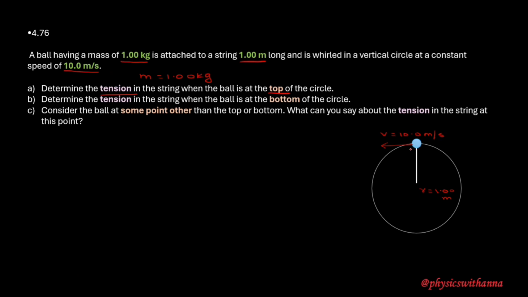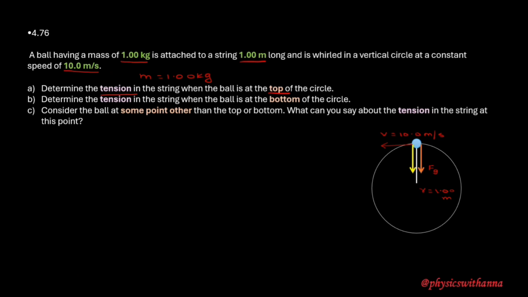We need to find the tension in the string when the ball is at the top of the circle. So let us first show all the forces acting on the ball when it is at the top. The first force is the force due to gravity, which we will call Fg, pointing vertically down.